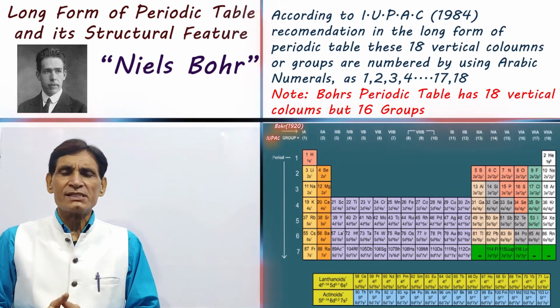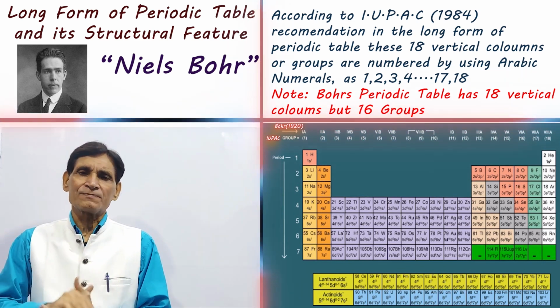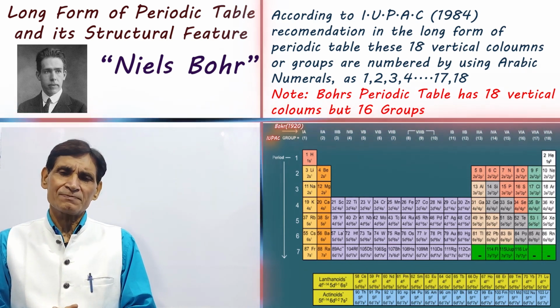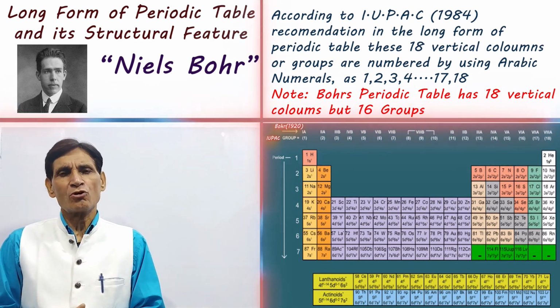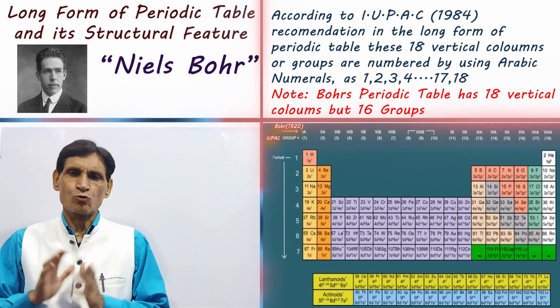So in the IUPAC 1984 long form of the periodic table, there are 18 vertical columns and 18 groups.